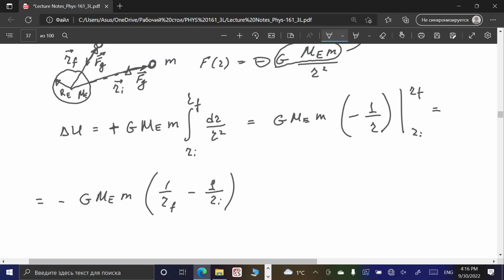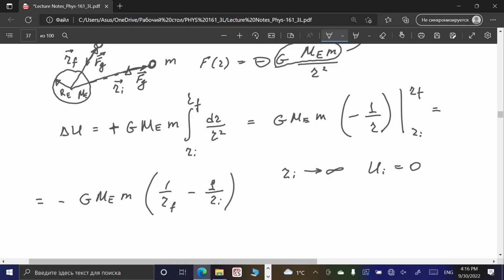So let us assume that the planet or this object was located initially at Ri approaching infinity. And at that distance, we assume that initial potential energy was equal to 0.